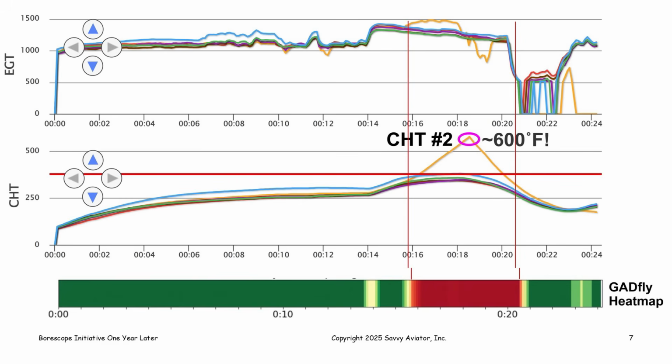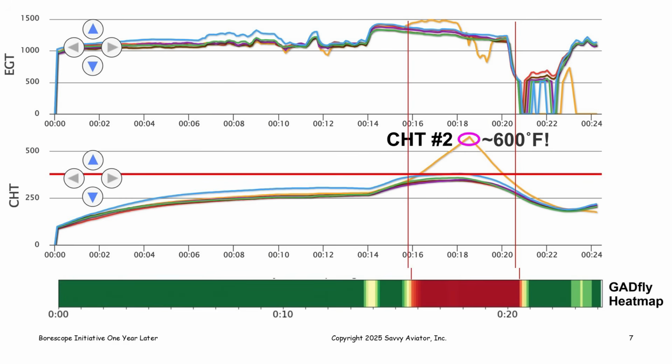And the GADfly model looked at that and said that's definitely outside the blob. That's definitely not normal, and it identified the flight as being anomalous, and it created this heat map to show what part of the flight it was worried about and presented it to our analysts to look at.